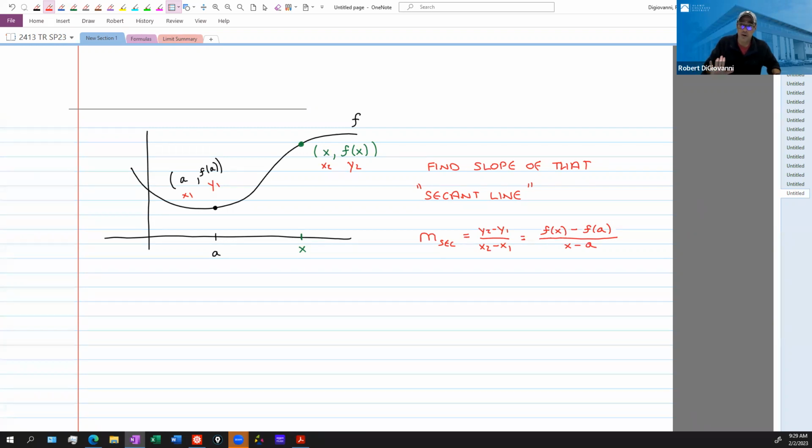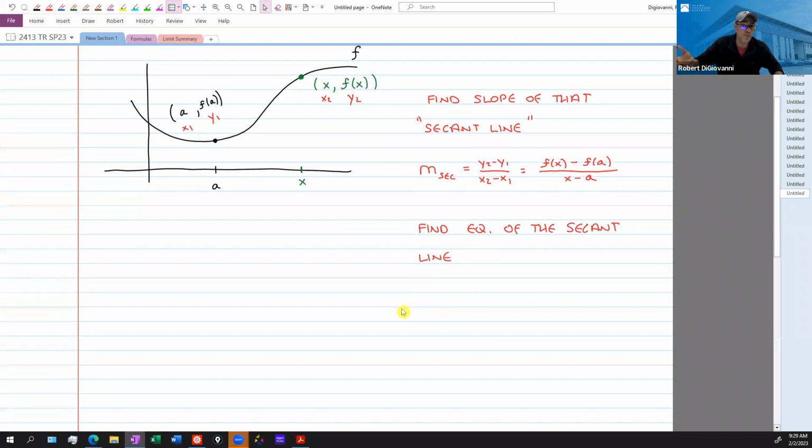All right, further, what if I now asked you to find the equation of the secant line? Well, what do you need for the equation of a line? A point and a slope. Do we have the slope?